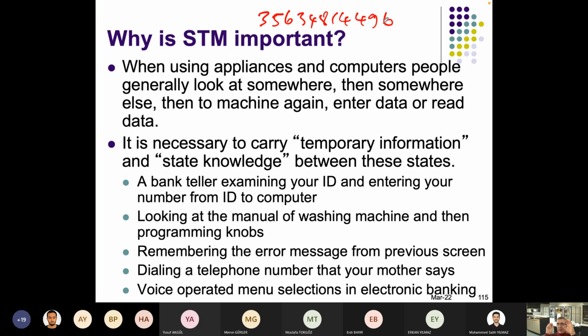If he or she cannot hold it, he says 356, and then what was it? So multiple questions will come if he or she cannot remember it correctly. So it is usually difficult.